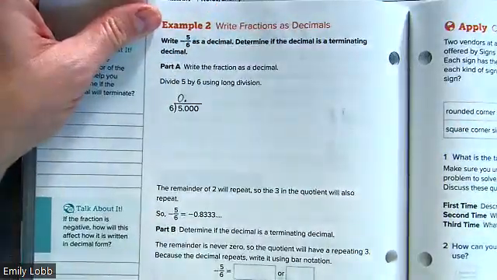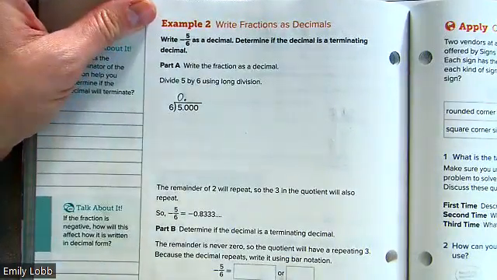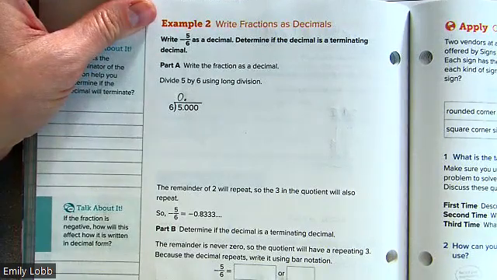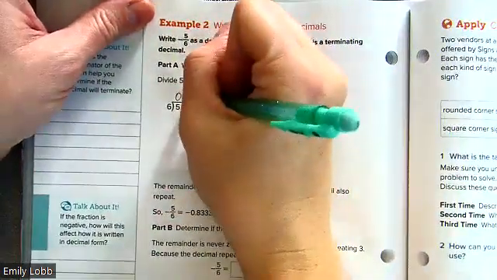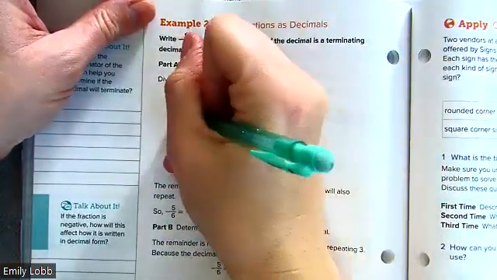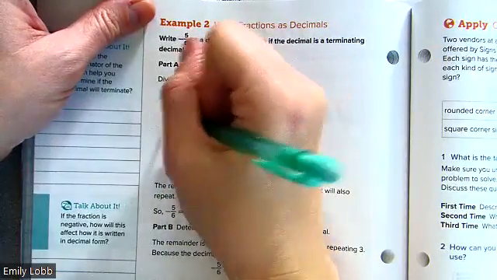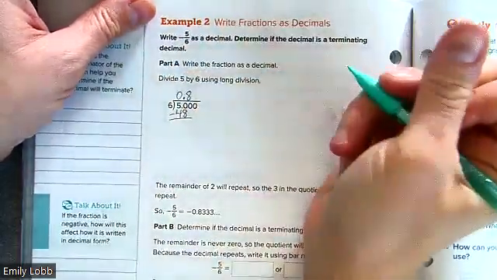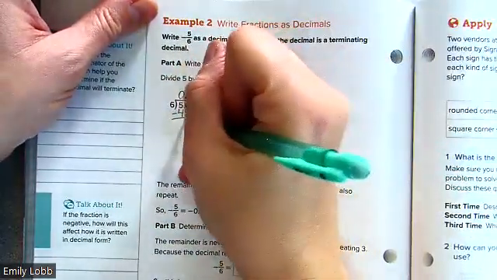Can 6 go into 50? Yes. How many times? This is where it's important to know your multiplication facts. 6 times 8 is 48. So 50 minus 48 is 2.